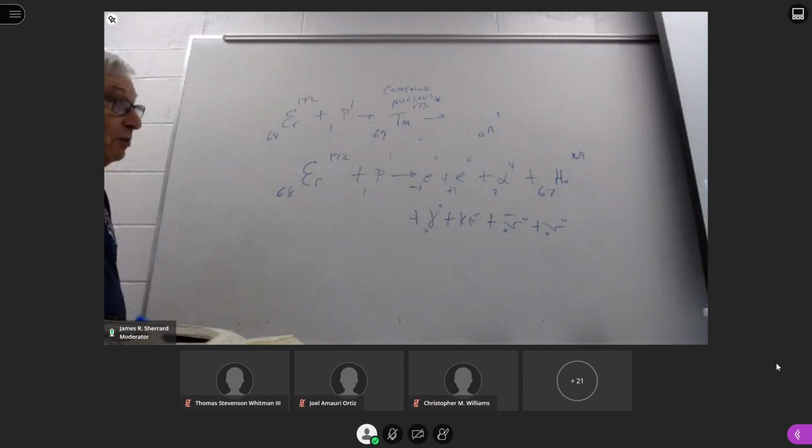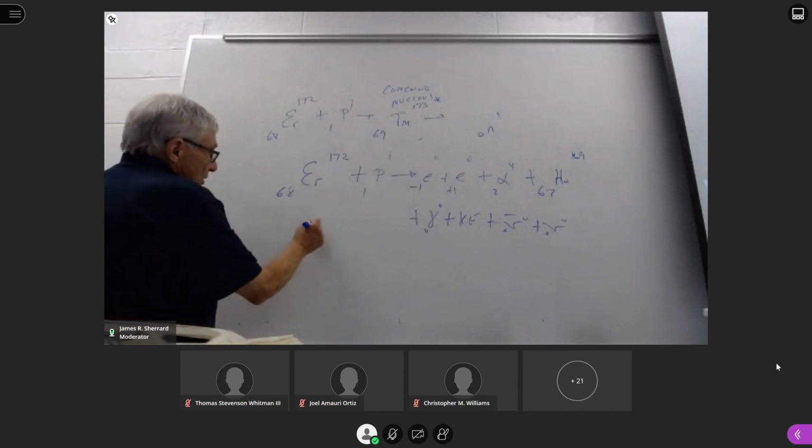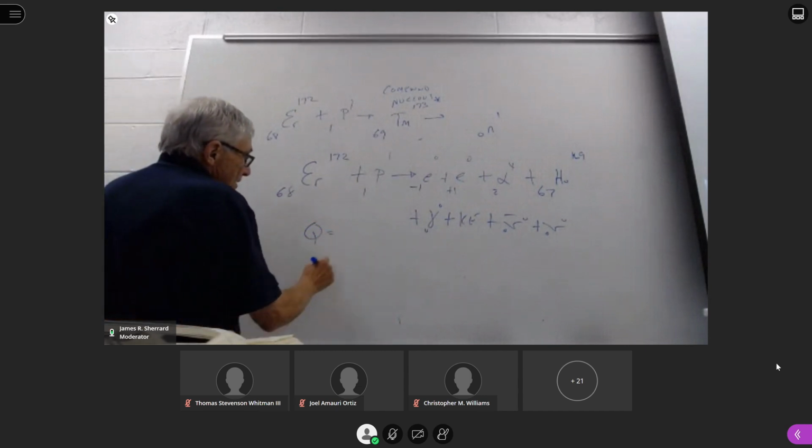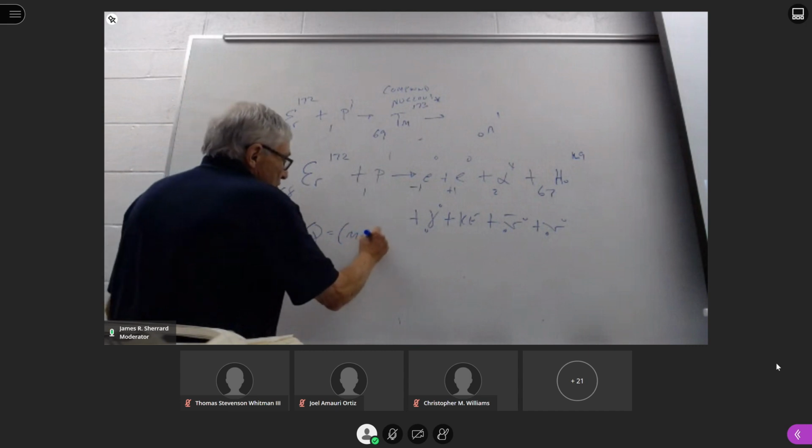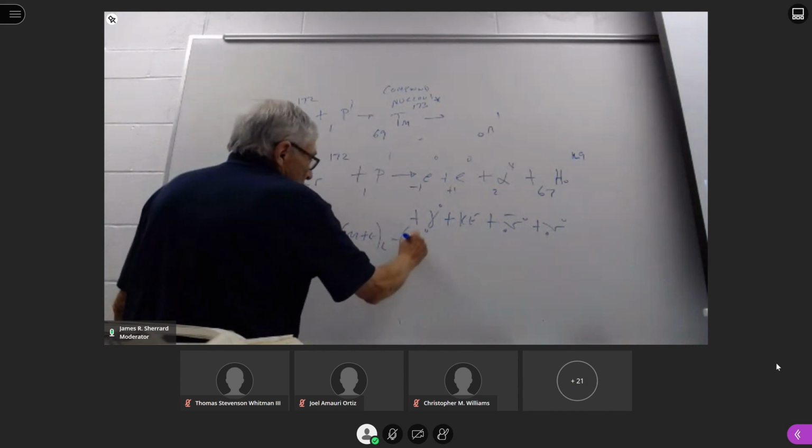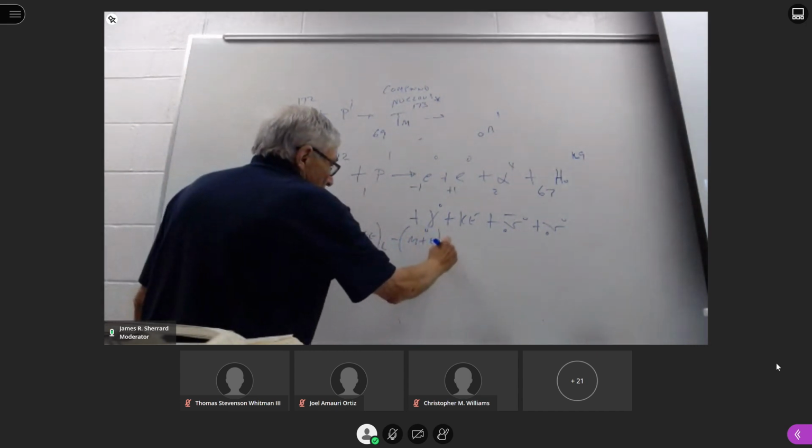So to see if it can happen, we have to go back and do a Q calculation. That's going to be the mass and energy on the left minus the mass and energy on the right.